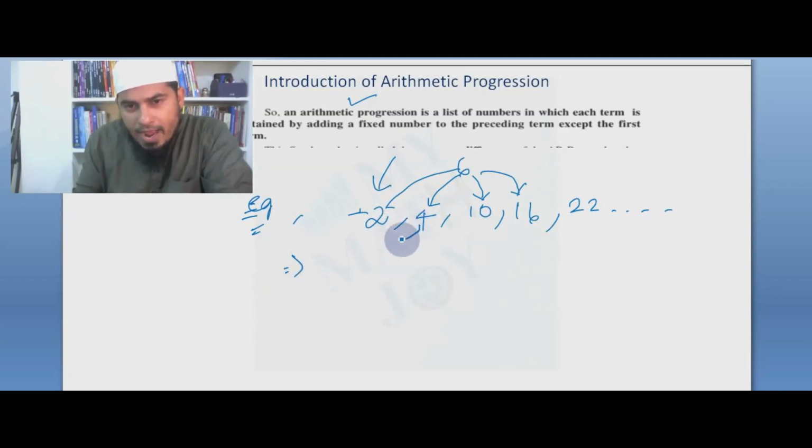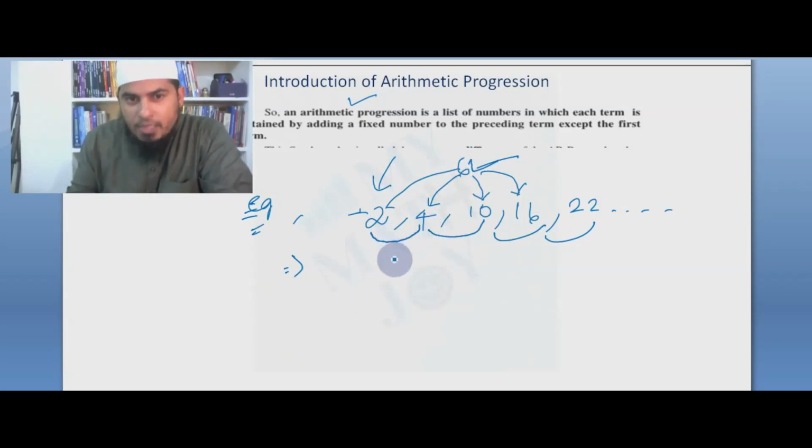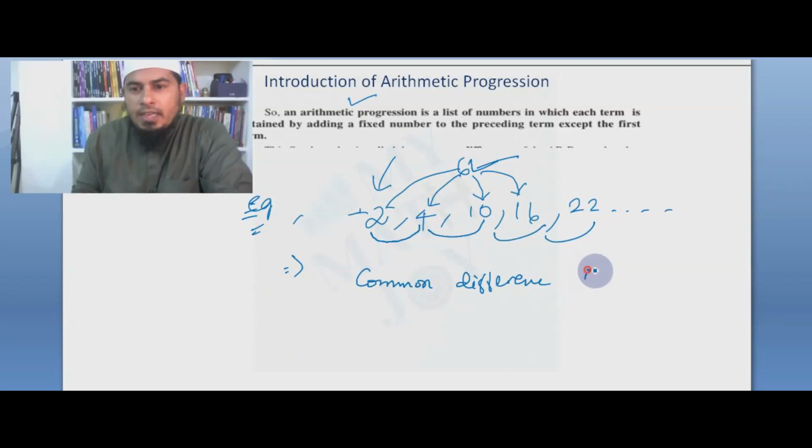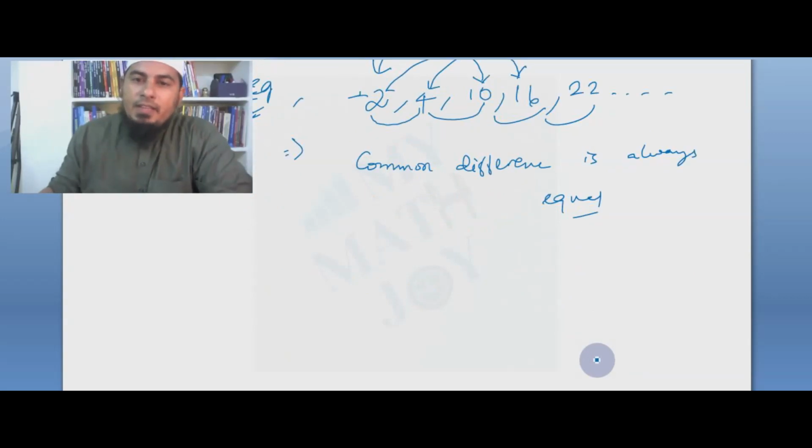If you subtract any consecutive terms, you will always get that fixed number which you have added. So the difference is common, always the same, equal. Everywhere the difference is common. That is why it is called the common difference.